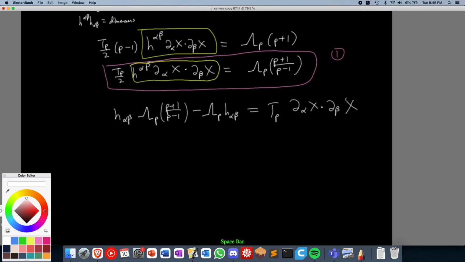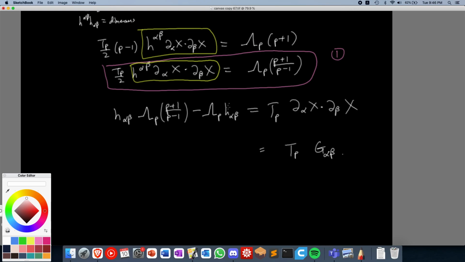Great. So now on the right hand side we have the induced metric g alpha beta, Tp g alpha beta, and on the left hand side we no longer have all the derivatives contracted with the H alpha beta.